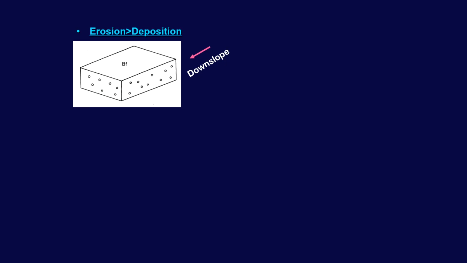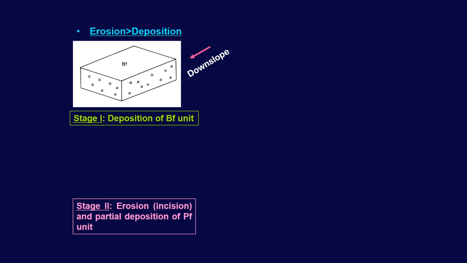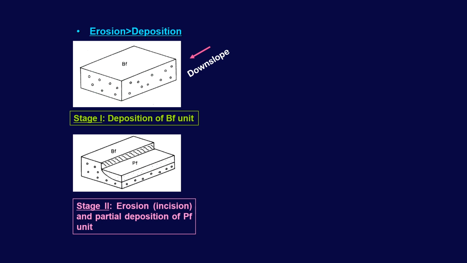So, for example, we have the surface BF, and then the stream is flowing downslope. We have the stage 1 deposition of the BF, and then you have the erosion and partial deposition of your PF. So, this is the younger surface which has been developed. Okay.